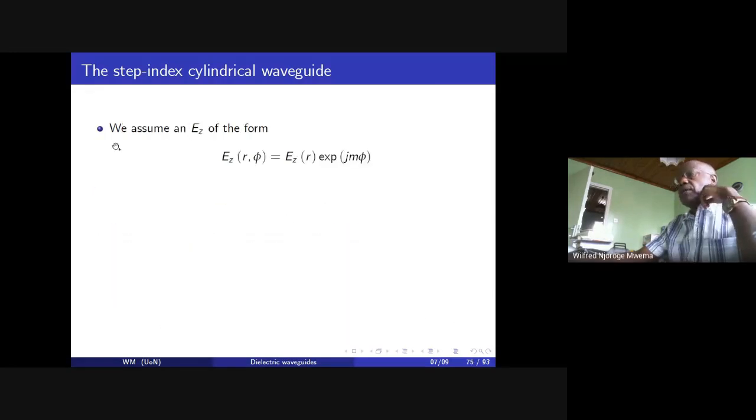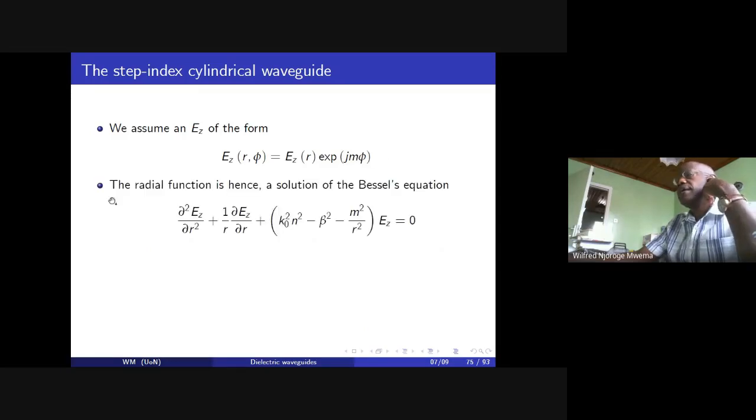So if we assume Ez to have the form Ez(r, phi) equal to Ez(r) exponent of jm phi, then that is split into a radial function and an angular function, okay? Then the radial function is a solution of the Bessel differential equation of that nature.